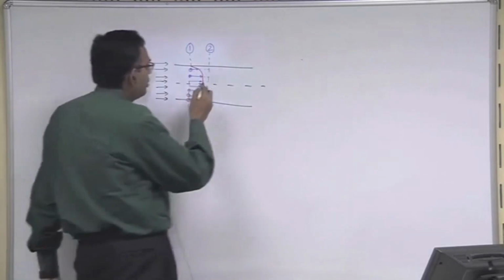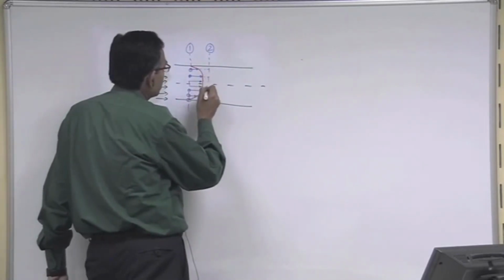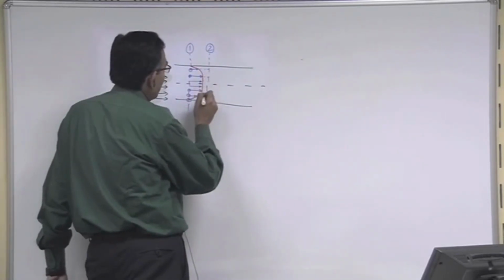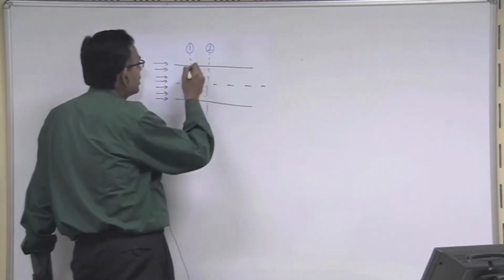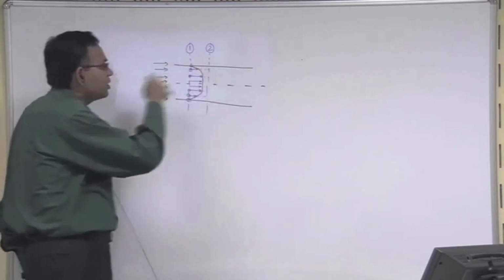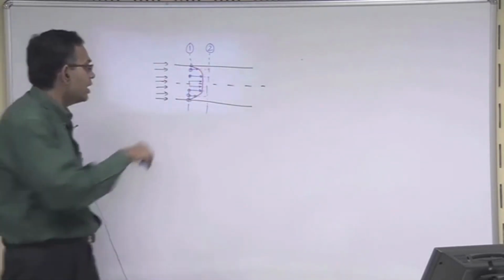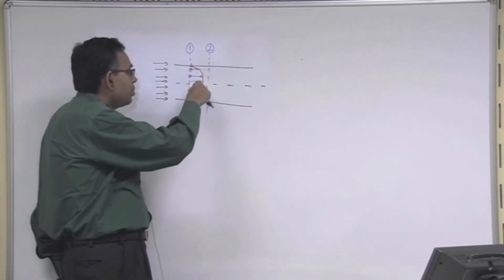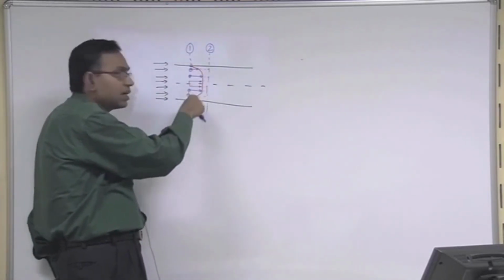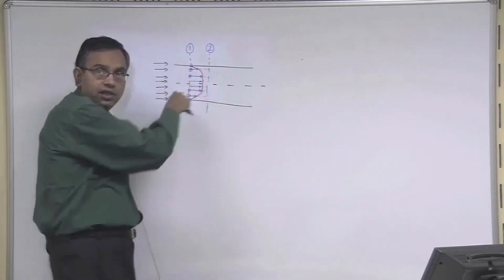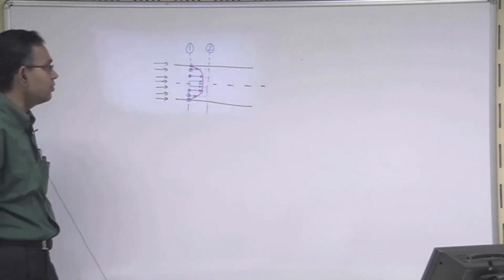We will draw the velocity profiles at the corresponding locations at which we have drawn the velocity profile for section 1. What is the velocity profile? If you join the tips of the axial velocity vectors, this red colored line that you see is called the velocity profile.